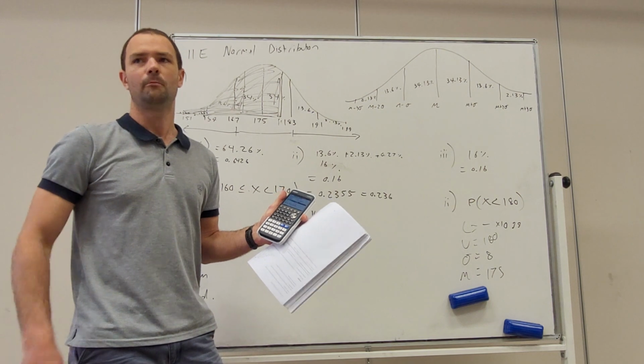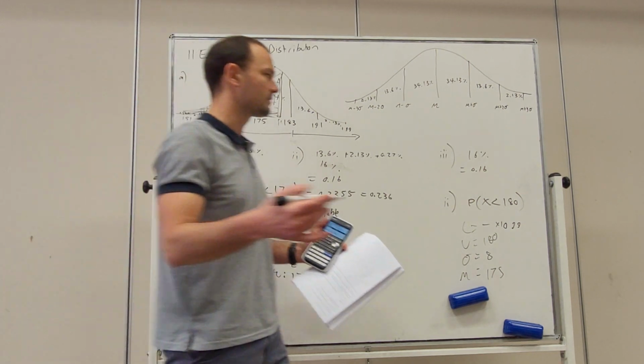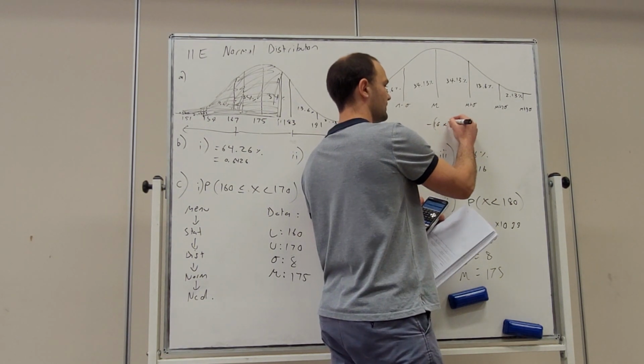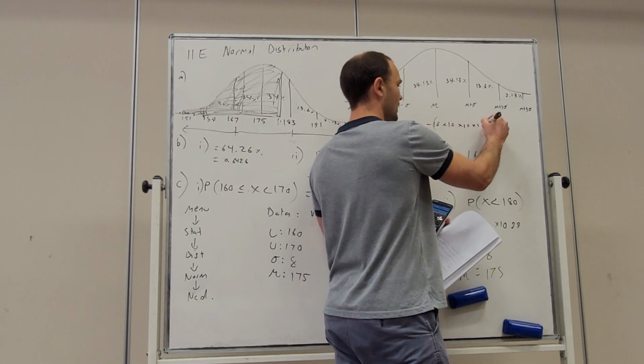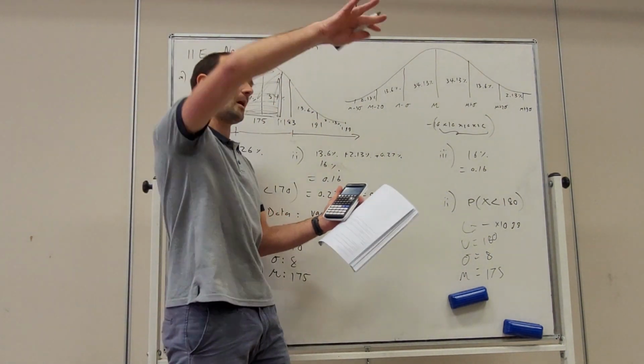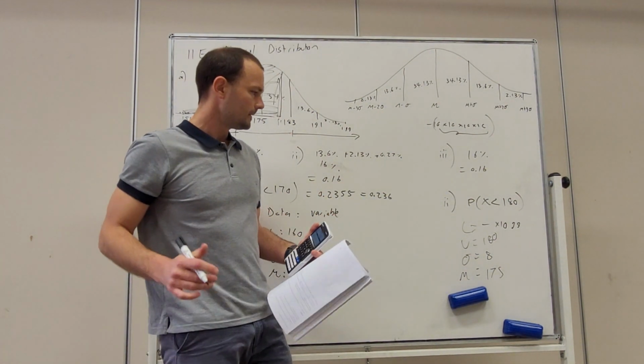So that's negative 1 times 10 to the power of 99. So what that means is it's minus 10 times 10 times 10 times 10, 99 times. Like, this is an enormous number, right? It's negative way large, okay?